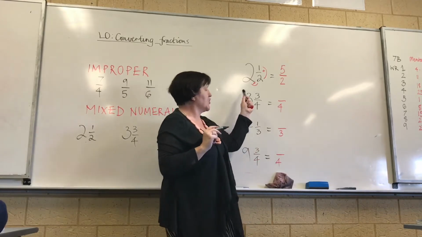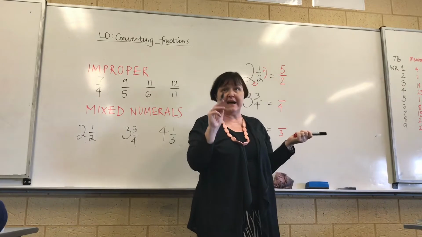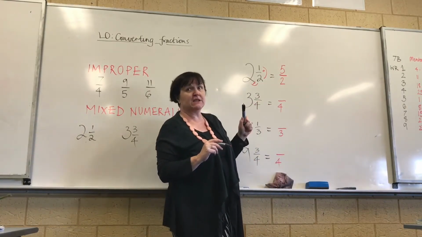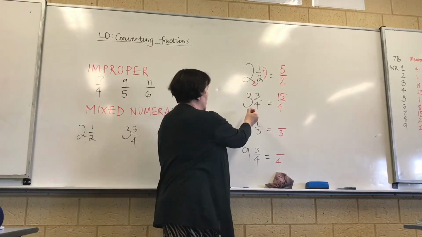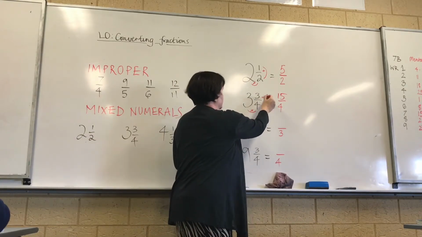This one then, if I've got 3 whole ones, how many quarters do I have? 12. And then I've got to add these 3. 15. 15, that's right. So the way we did that, 3 times 4, and then add the 3.